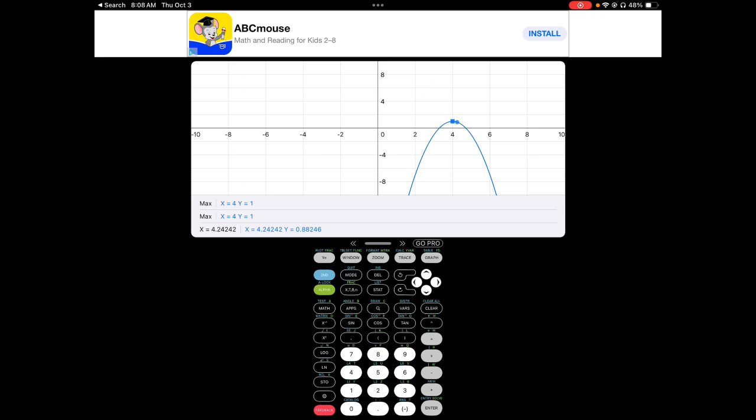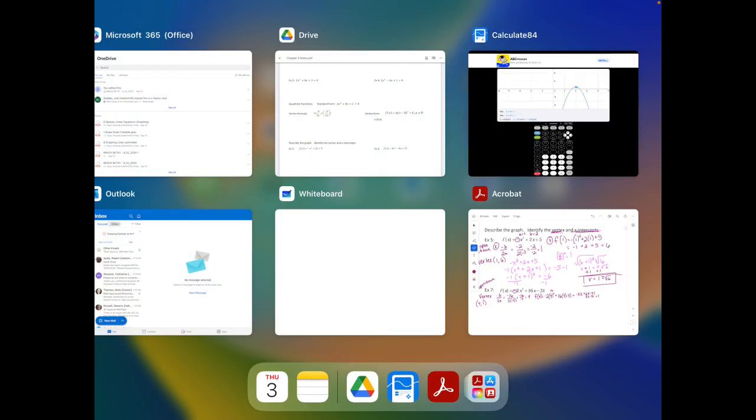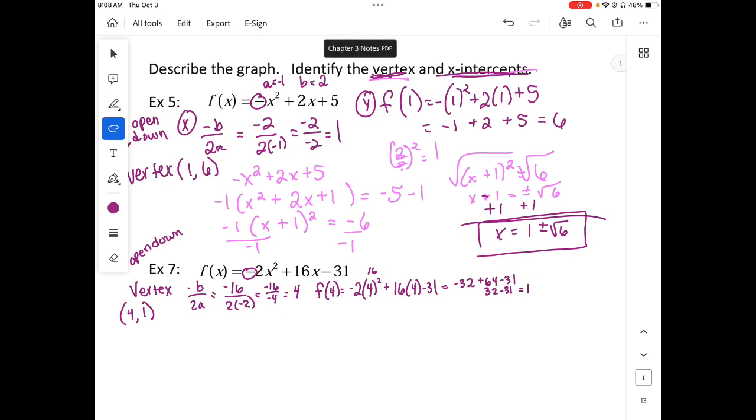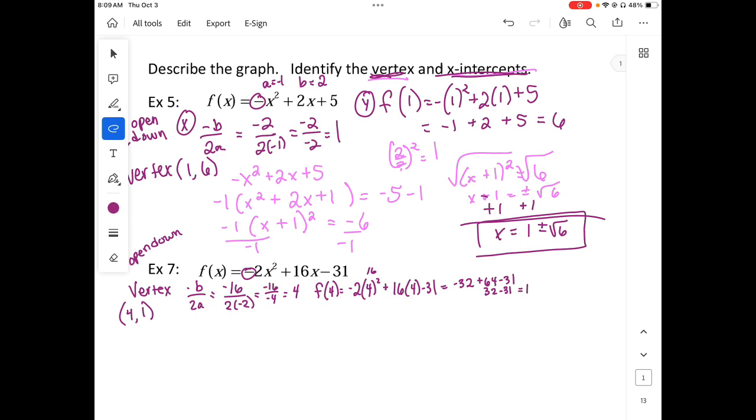All right, so let's go back here and let's do our solutions now. So I'm going to go ahead and factor out the negative 2. Then we have x squared minus 8x equals, that 31 moves to the other side, so it's positive 31. Okay, and then I'm going to do the negative 8 divided by 2, square it.